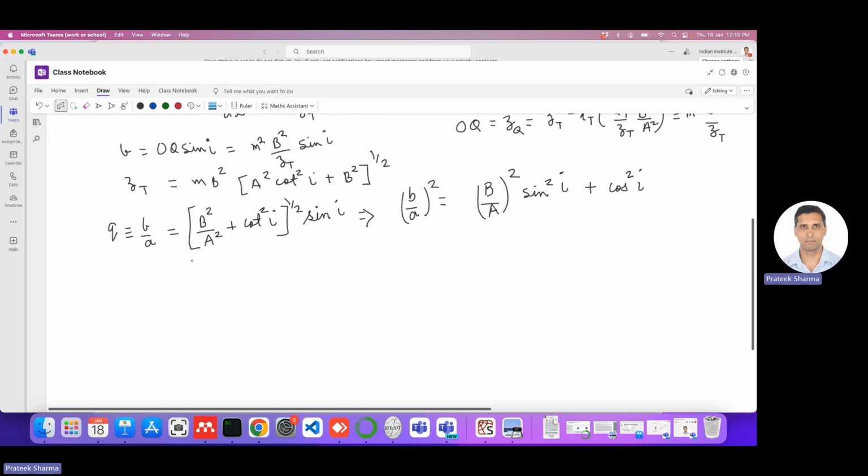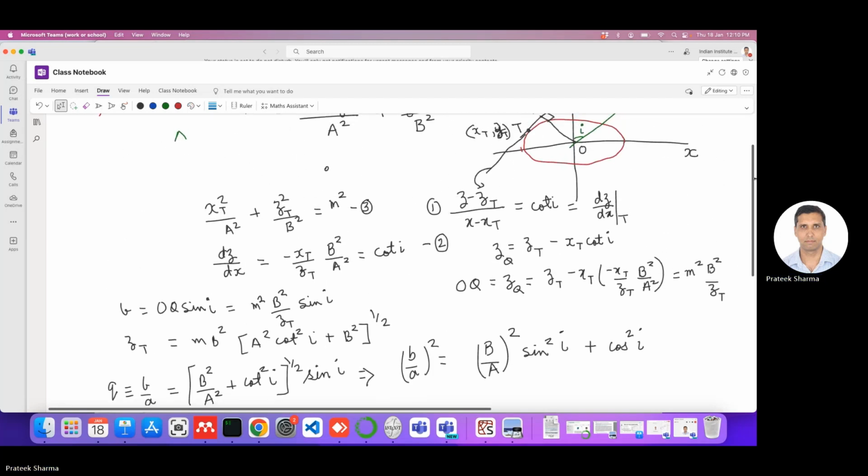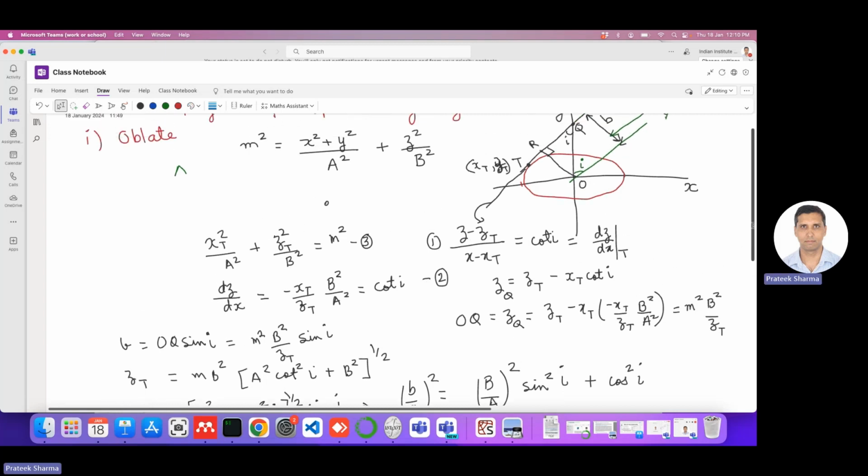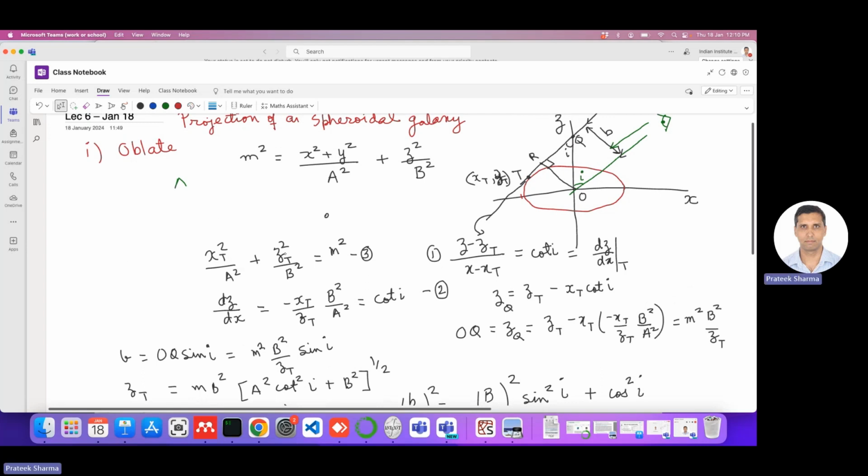How are you getting equation 3? Let's go back. Where is equation 3? 1, 2, 3. This is just the equation of the ellipse: x squared by a squared plus z squared by b squared. So this tangent point T lies on the ellipse, and the equation of the ellipse is this, right?